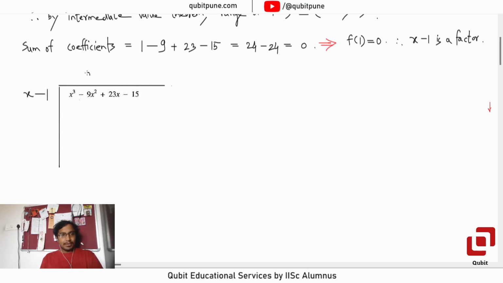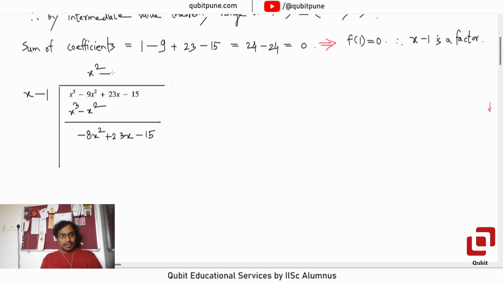First we will have x squared, so it will be x cube minus x squared. With that negative sign, this will go, and this will become negative 8x squared plus 23x minus 15 carried forward.